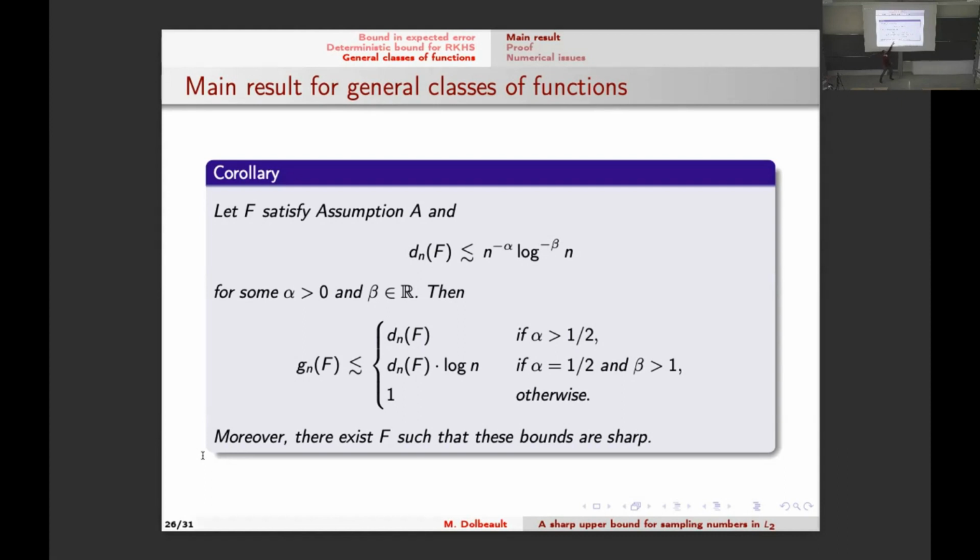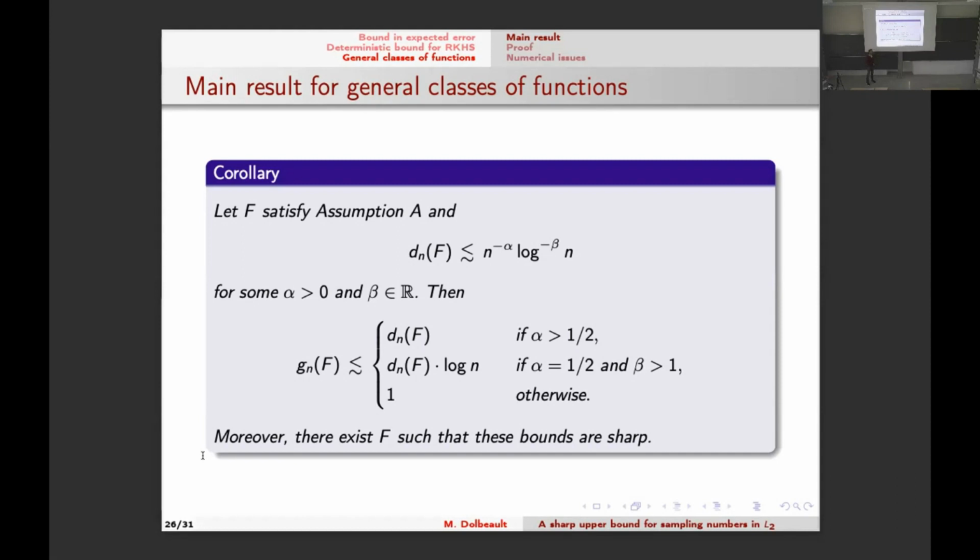But in the critical case, I knew that I couldn't have Gn close to Dn. In the RKHS setting, I had Gn of order Dn times square root of log n. And here I got another factor, square root of log n, which appears. So that's just to say I have some log n factors that cannot be removed.